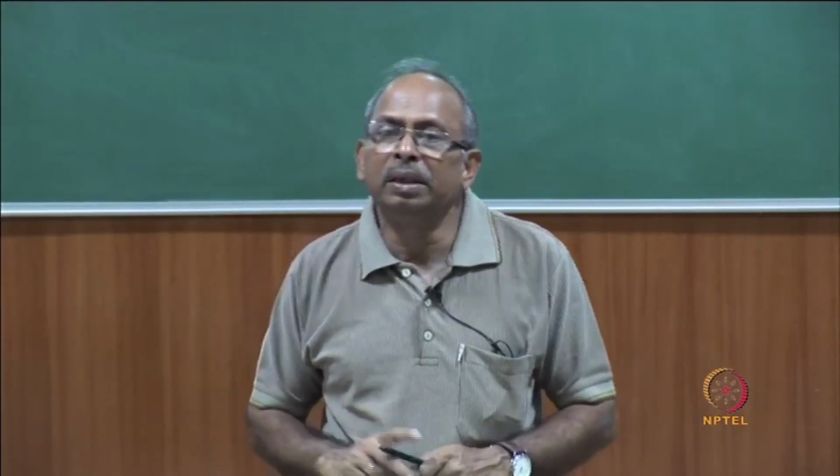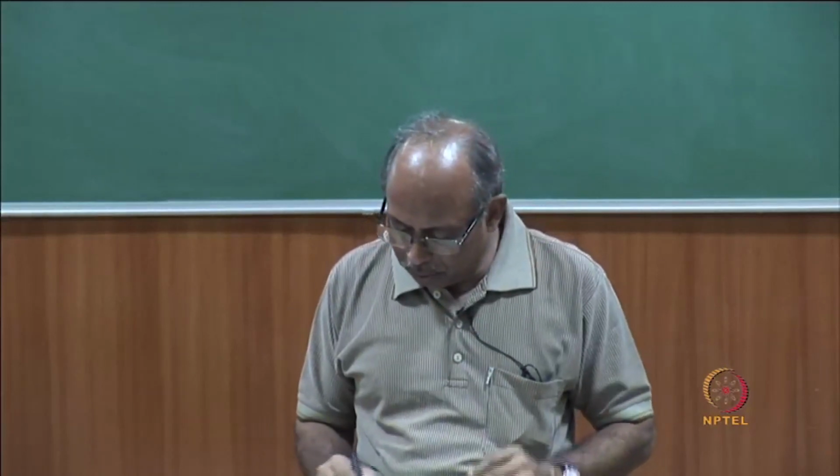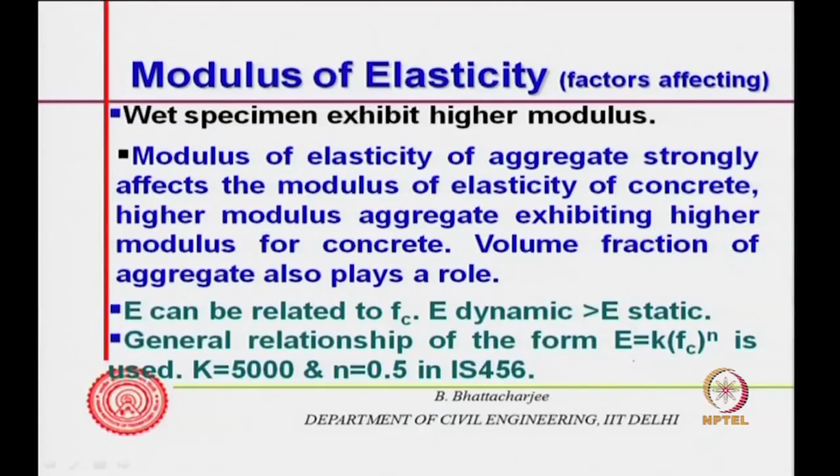And the general empirical relationship people have found for modulus of elasticity is E is a function of k into cube compressive strength to the power n, and IS 456 2000 for design uses this f c as f c k, characteristic strength, and n as 0.5.